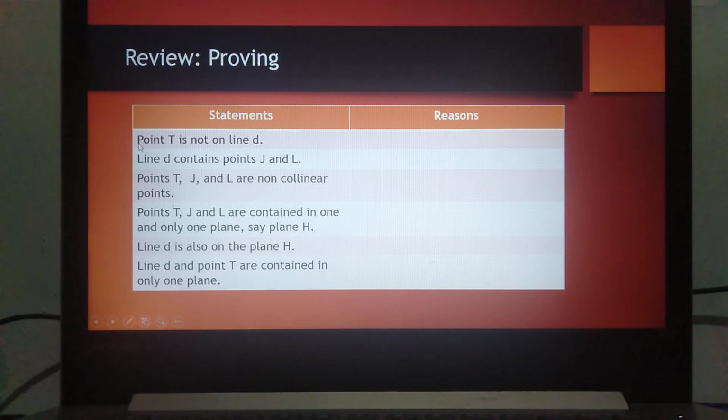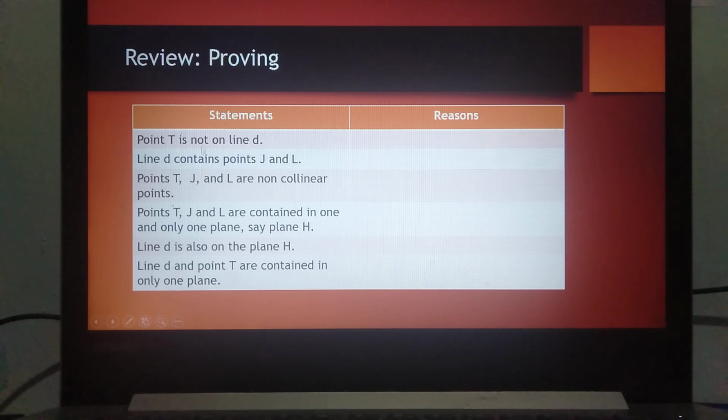Then, sa first statement, meron tayong T. So, here, we can state that since point T and point D are on the same plane, or we can say that point T and line D are on plane H, so we can prove that line D and point T are contained in only one plane.